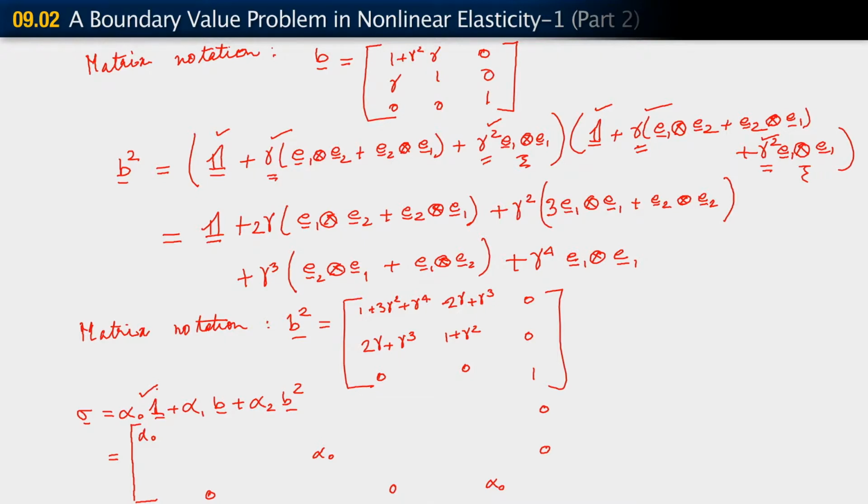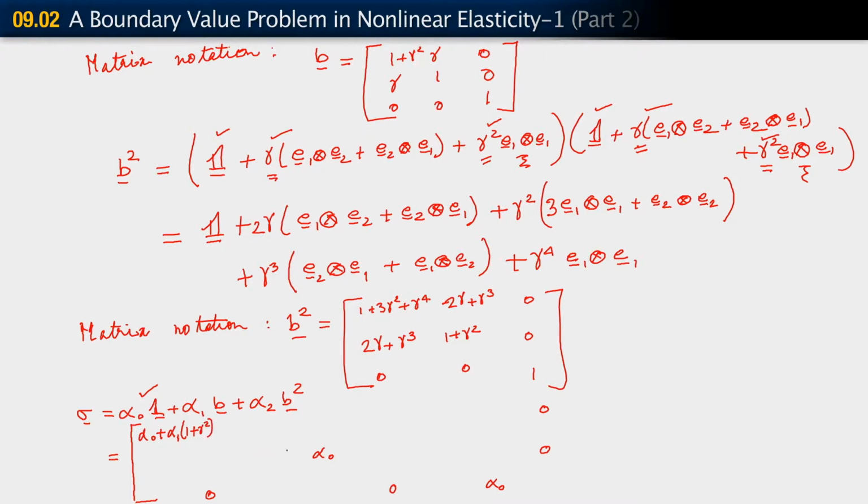Now let's get in the next term, which is the alpha 1 b. We have b at the top of the slide, which makes life somewhat easier for us. So now let's write that in. In the 1, 1 position, we get alpha 1 times 1 plus gamma square.